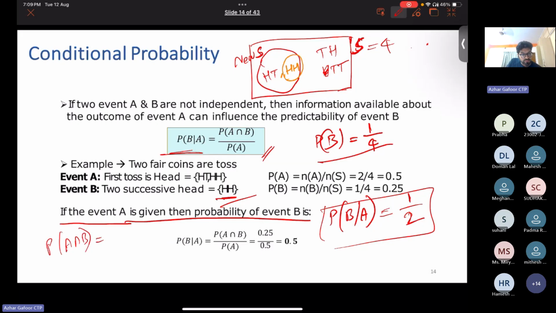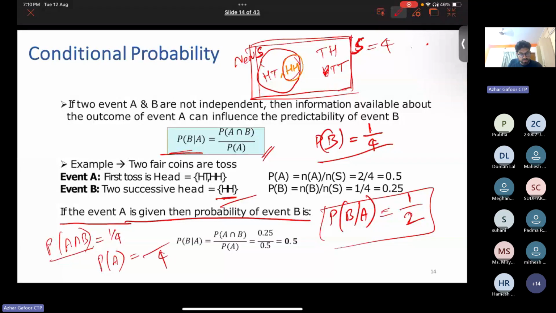That is, the first toss is head and second toss is head, so that is 1 by 4. We have one element. In probability of A intersection B there is no condition, so in the sample space we have 4 elements. And probability of A also has the full sample space, so we again have 4 elements.